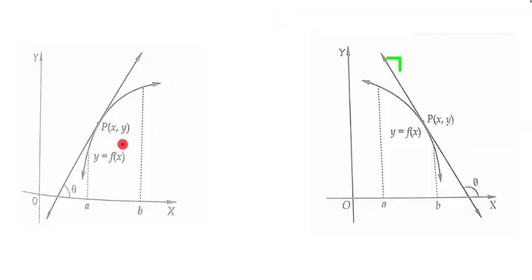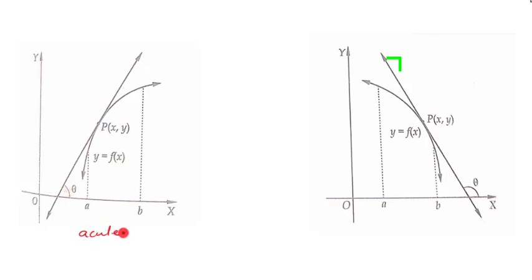Here, this is clearly a function of increasing type. The graph is of the increasing function. It is clear that whenever we draw a tangent at any point on this graph, we will get this type of tangent, and this tangent makes an angle theta, which is an acute angle.